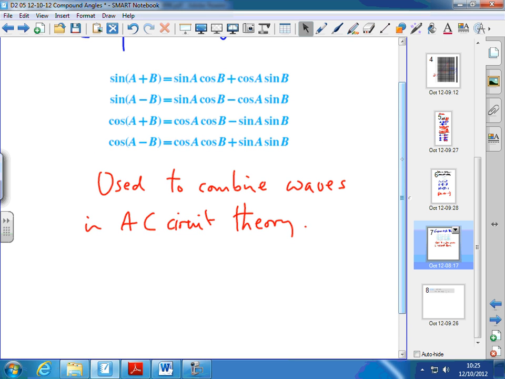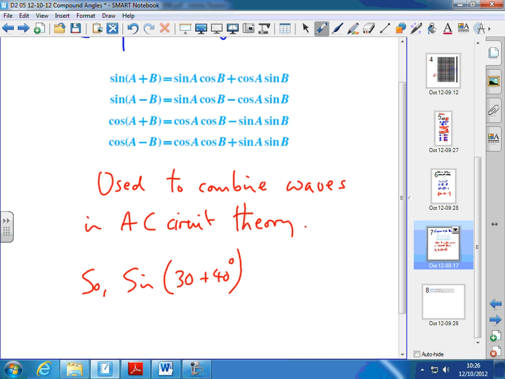So what does it mean? Let's just have a look at one. Let's take the first one. Sine A plus B equals sine A cos B plus cos A sine B. What it means is, if I've got 2 angles, so the sine of, say, 30 degrees plus 40 degrees, so if I've got, say, the sine of 70 degrees, I could split that up into 30 plus 40 or 20 plus 50, however I want to do that.